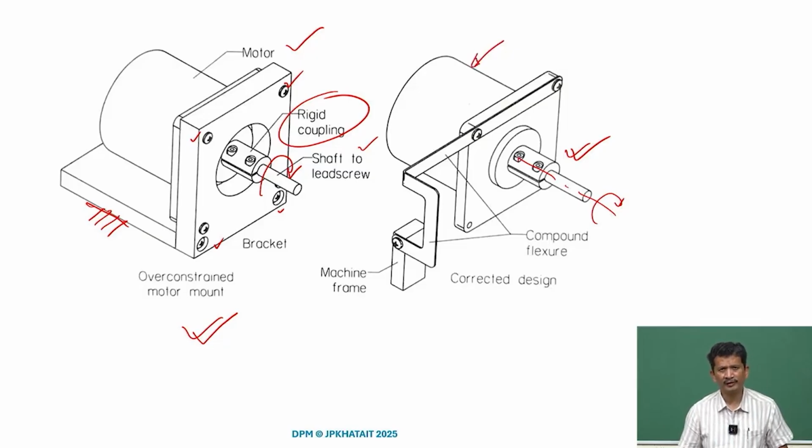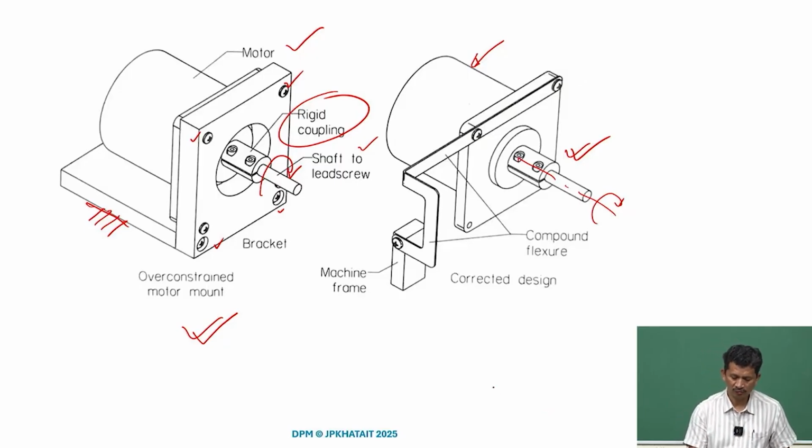What is required is only the torque or the rotational motion you want, without worrying about the offset and misalignment, right. So, one of the things you learn is that unless you restrict the motion of the motor in the rotational direction, you cannot provide sufficient torque. So, you have to constrain it.